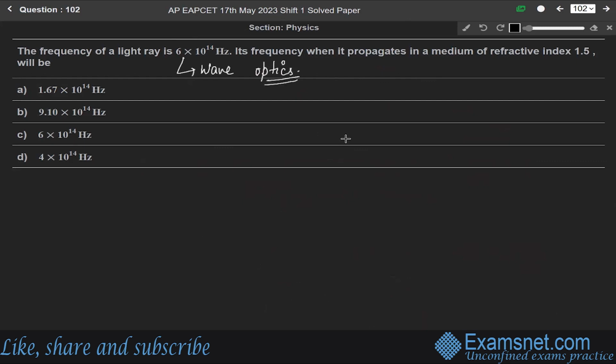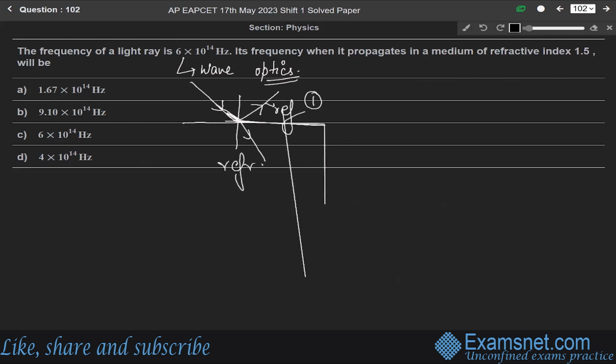Students, whenever light passes through a medium, let us say this is the incident light, incident on a medium of refractive index 1, the light after reflection goes in this direction, this is the reflected ray, and the refracted ray goes in this direction, into medium 2.